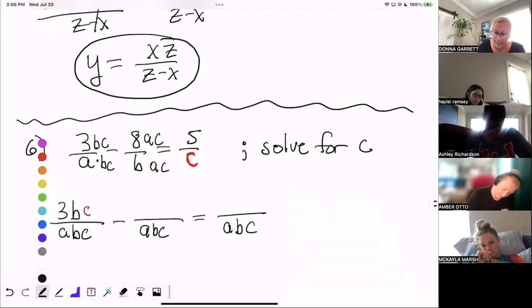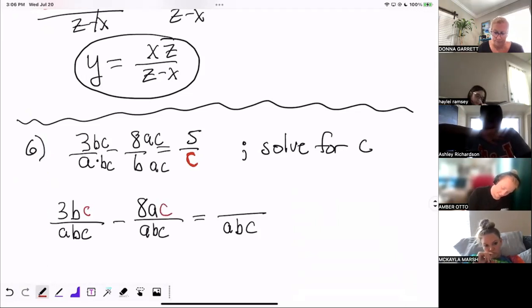And I have minus 8AC. My last one, I have C. That means I need to multiply by AB. And when I multiply by AB, I have 5AB.